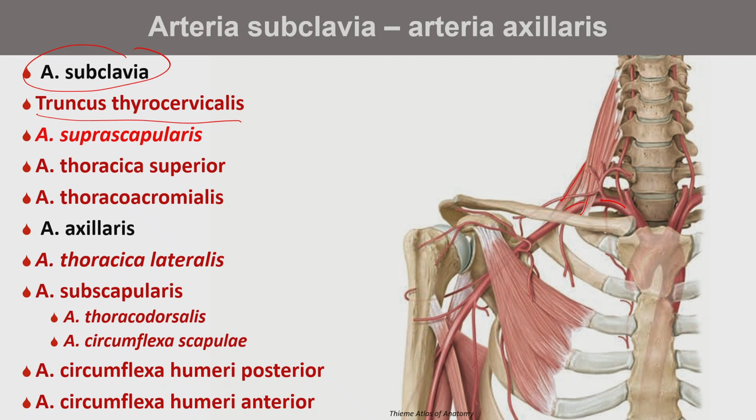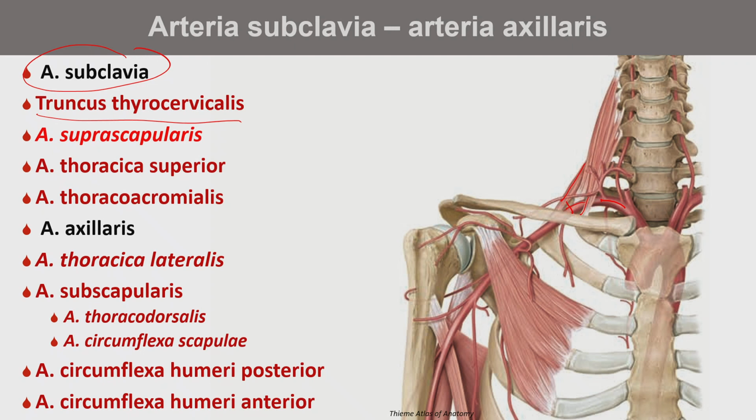So then, the subclavian artery, and we know that we have the thyrocervical trunk. Then we have three arteries arising from the subclavian artery in the region where it is really in a subclavian localization, inferior to the clavicle.